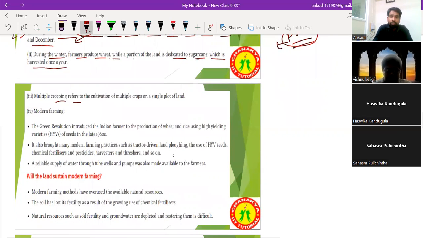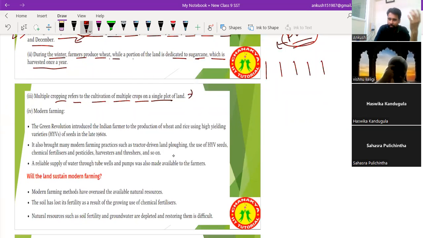What is the third point? Multiple cropping refers to the cultivation of multiple crops on a single plot of land. What is multiple cropping? It is intermediate cropping, where one crop is planted, and whatever land is available in between is used as well. Farmers divide the land into different areas and plant different types of seeds and vegetables.